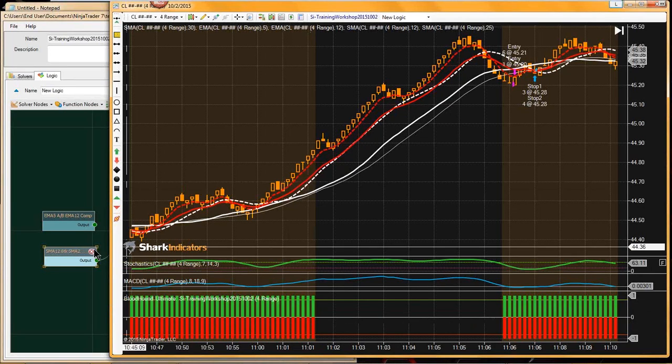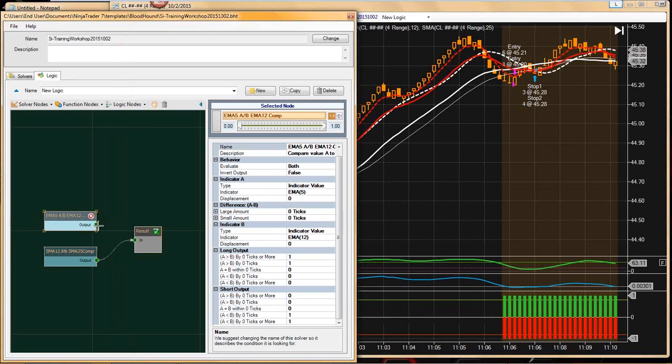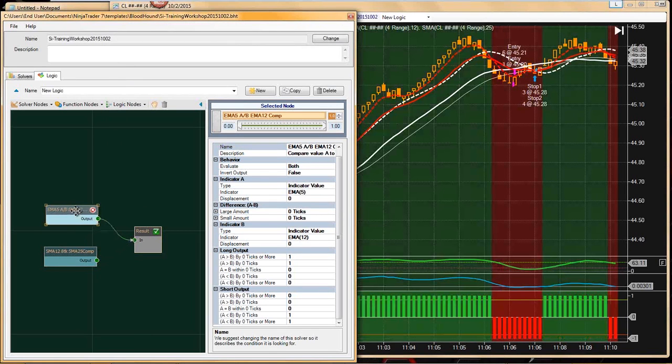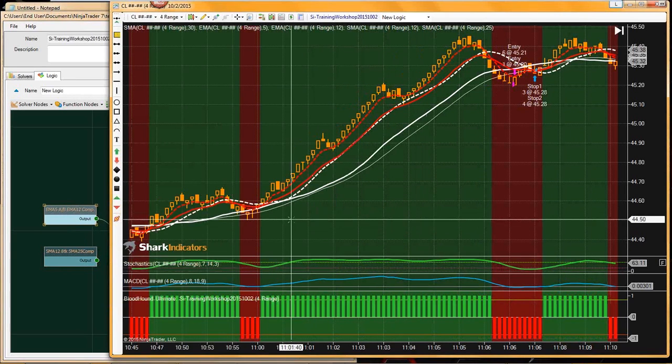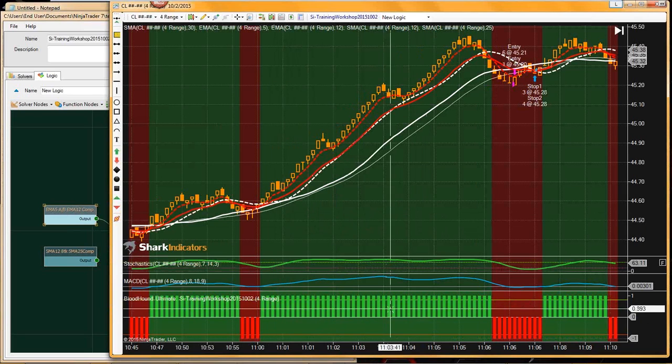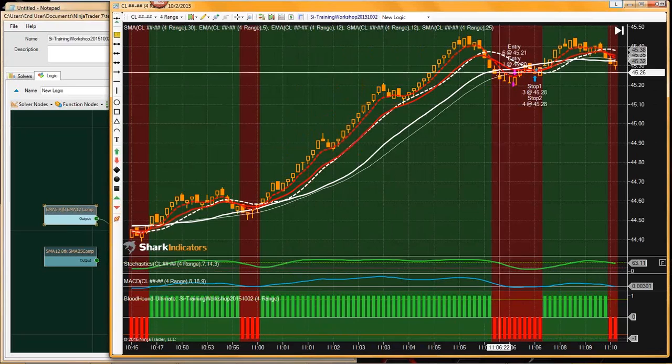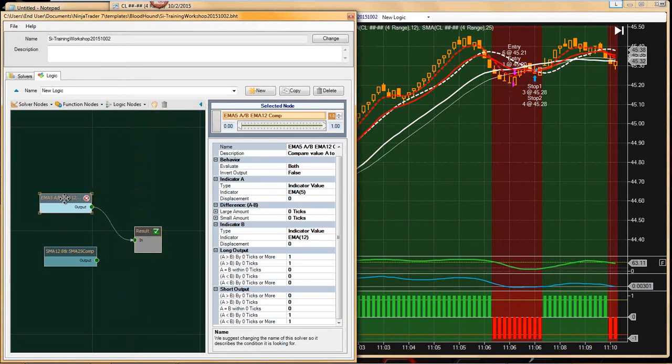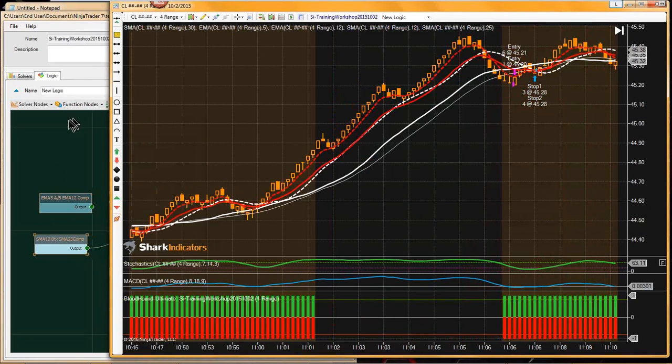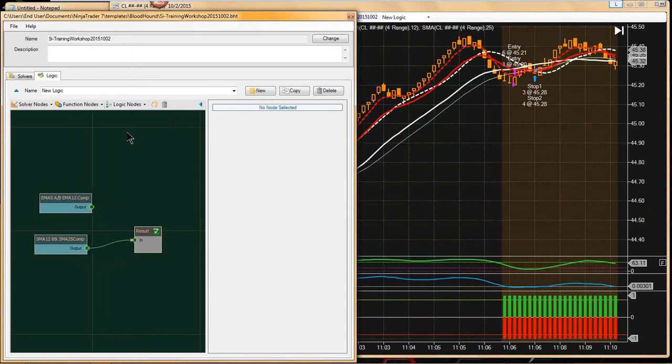So the first condition here does have a direction to it. It has a long direction or a short direction. So this first one will basically filter out the second one, and the way we'll do that is with an AND node.